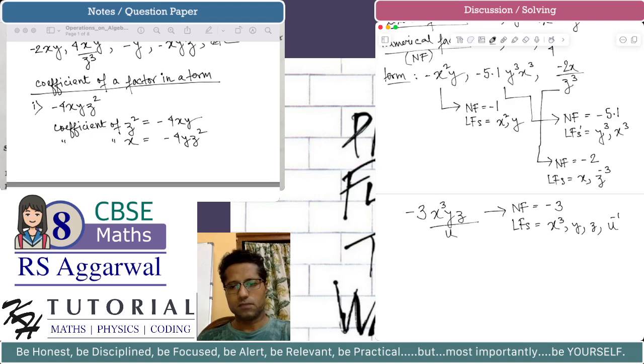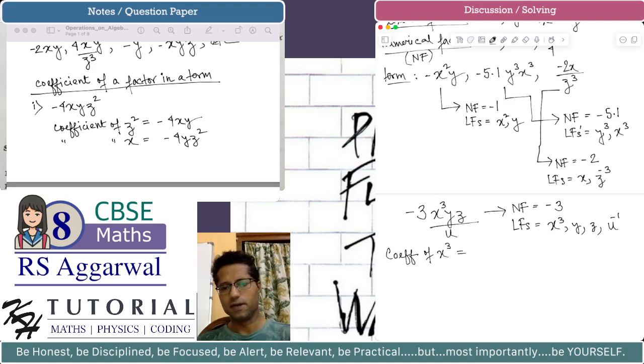Now for this term, there is a concept of coefficient of a factor in a term. So what is the coefficient of x cube in this term?